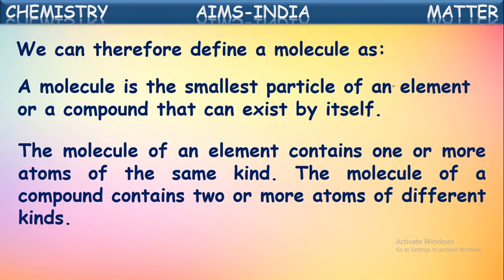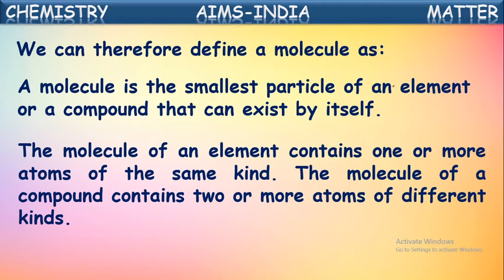The molecule of an element contains one or more atoms of the same kind. Okay, if it is an elemental molecule, or the molecule of an element, it will contain the same kind of atoms, either one or more. The molecule of a compound contains two or more atoms of different kinds. Okay, did you get it?